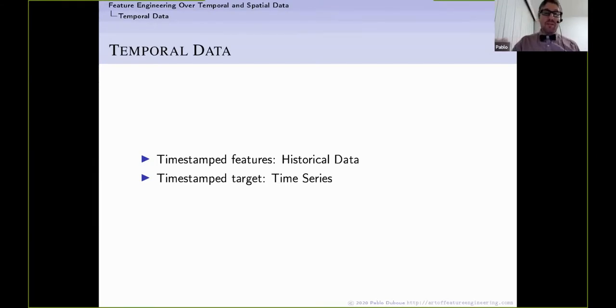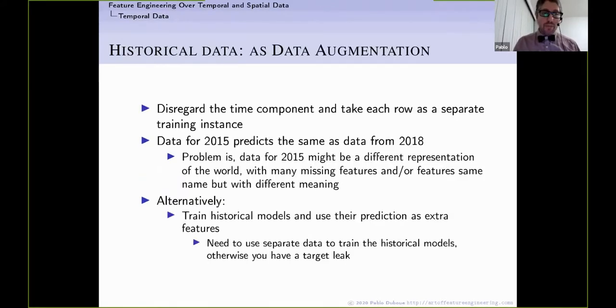You're trying to predict something that is changing over time, and you are using the past values, plus maybe other features, to predict that next value. I do have a whole example of historical data in the book, and there is a notebook there, but that takes a very long time to run, and it's very complicated. So in this workshop, we're just going to look at the time series example.